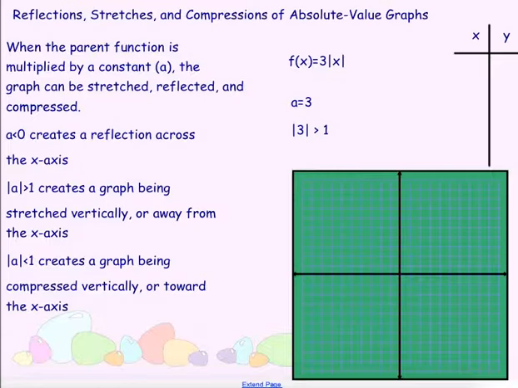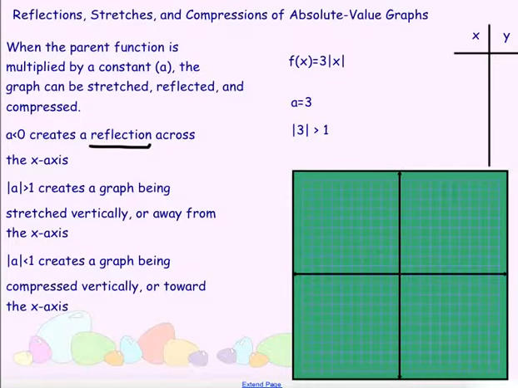Just like any other parent function, we can multiply by a constant, and the graph will end up being stretched, reflected, or compressed. So some rules for you. If a is less than 0, so if our constant is less than 0, that creates a reflection. If we have a negative constant, it's going to be a reflection, just like what we've seen in many of our other functions.